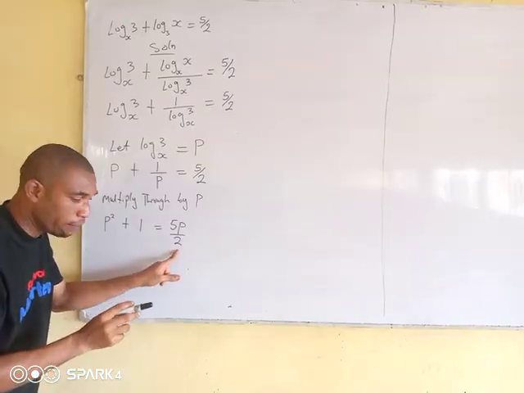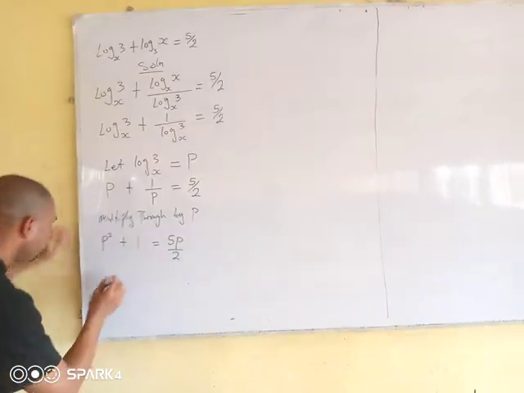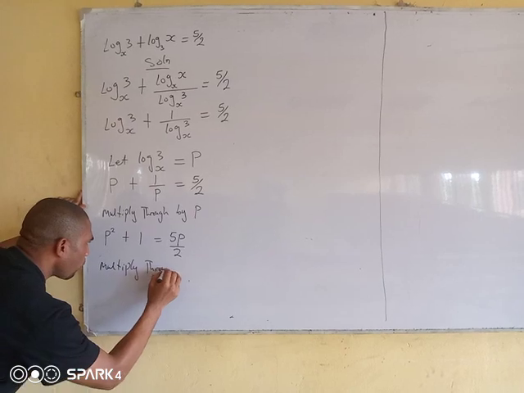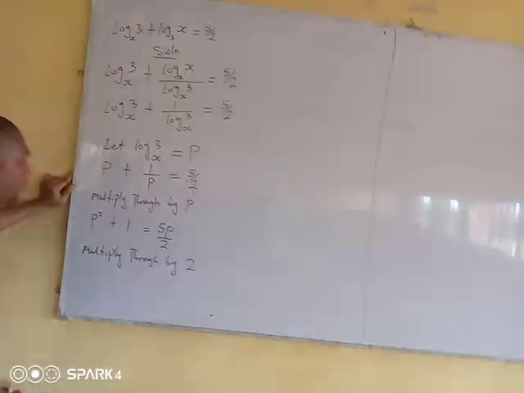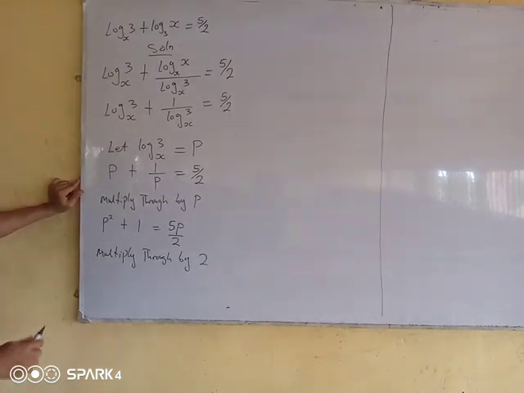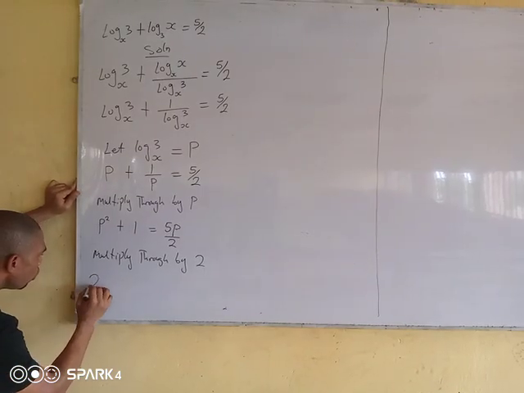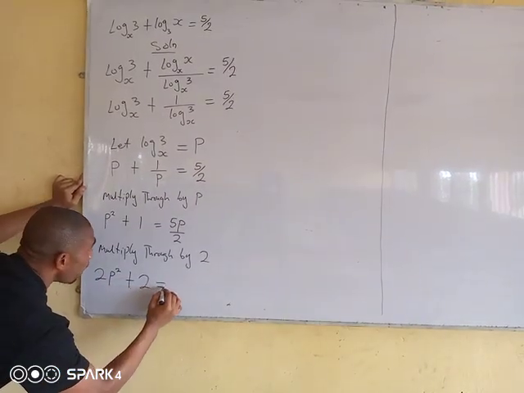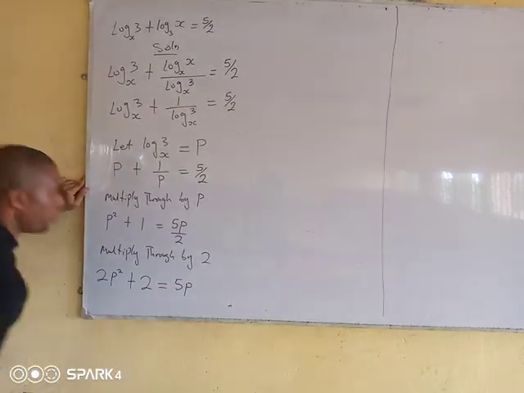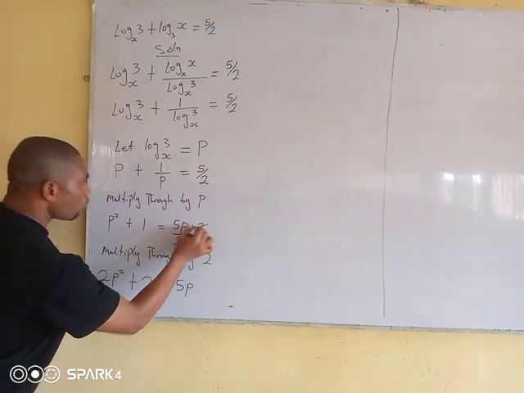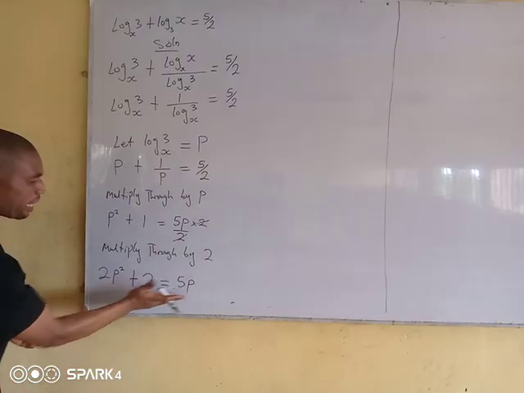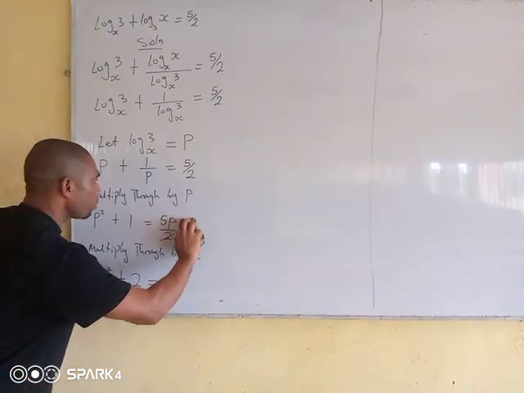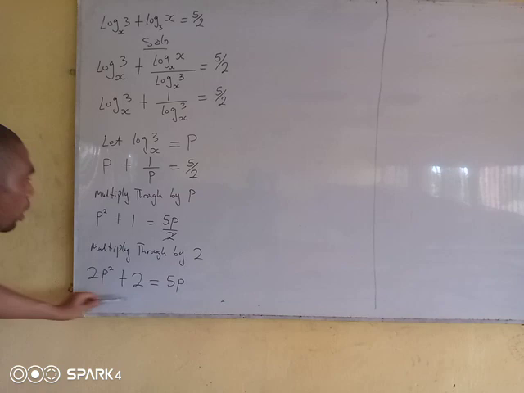I'll simply do the same thing, multiply through by 2, meaning I'm going to multiply each term by 2. 2 times p squared will give me 2p squared plus 2 times 1 is 2, is now equal to 5p, because if I multiply this by 2, 2 cancels out 2. I now have a quadratic equation.